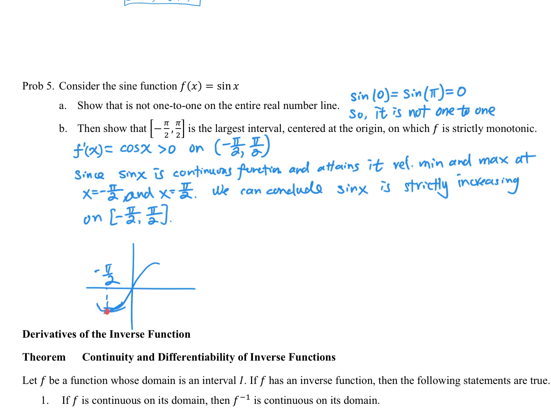And when that happens, the horizontal line test will fail, right? So that's why we can claim that any larger interval will not be strictly increasing.